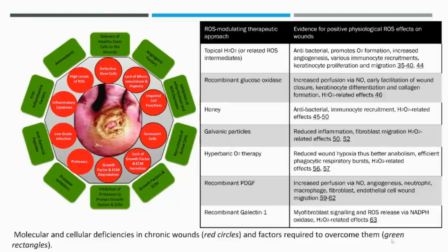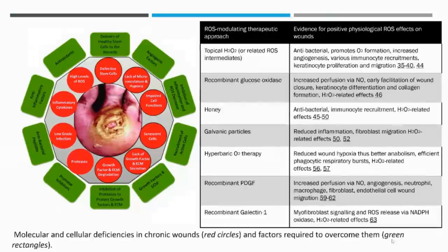When I say ROS, the reason I'm picking that particular vocabulary is to say that you can start modulating it. As you know, you can target a particular molecule, and you can start modulating that molecule as well. There is a ton of literature evidence where you can modulate the ROS in the wound bed in such a way that you end up with a better outcome, meaning accelerated healing. There are two different kinds of approaches at this point in time.